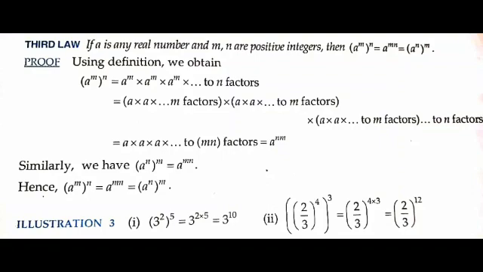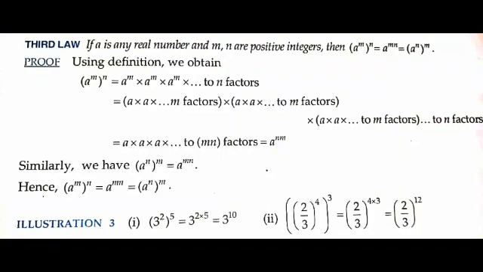In the left hand side we have (a to the power m) whole raised to the power n. So we can write it as a to the power m into a to the power m into a to the power m, for n number of times, since the power is n. Considering each single part, I can write a into a for how many times? m times, because each part is having power m.